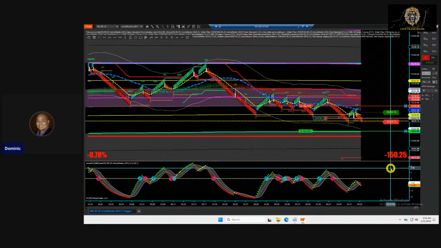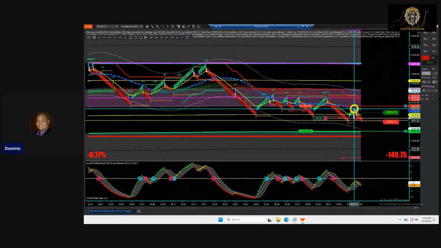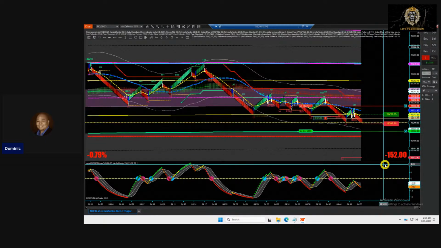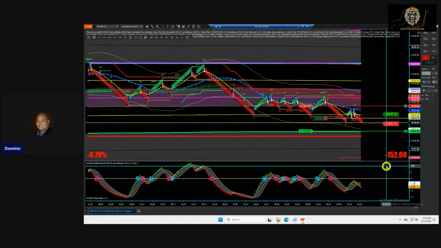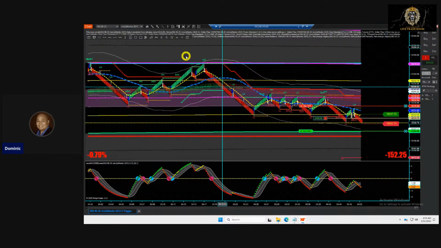Six minutes till the top of the hour, and hopefully the top of the hour group produces more momentum. Again, this is a pullback to the mid band. Let's see what's going on here.